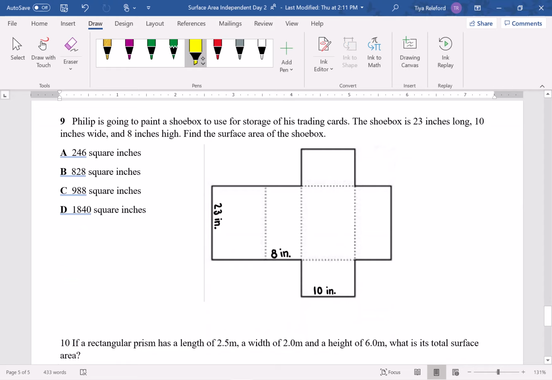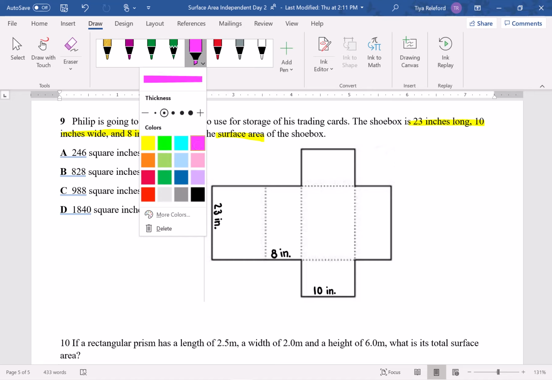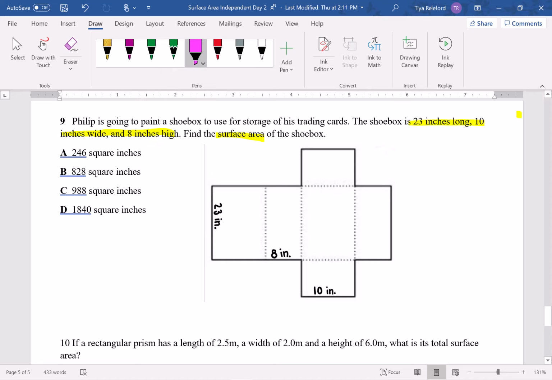Philip is going to paint a shoebox for use for storage of his trading cards. The shoebox is 23 inches long, 10 inches wide, and 8 inches high. Find the surface area. It does not say total surface area or lateral surface area. So you have to assume it's total.